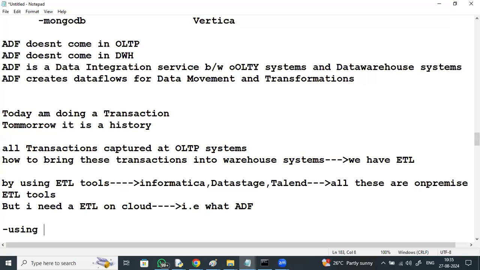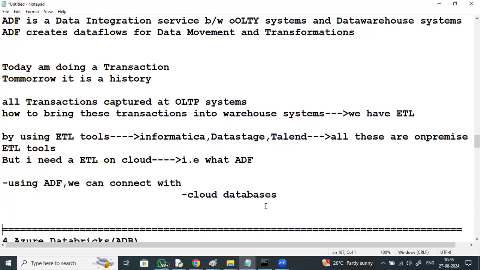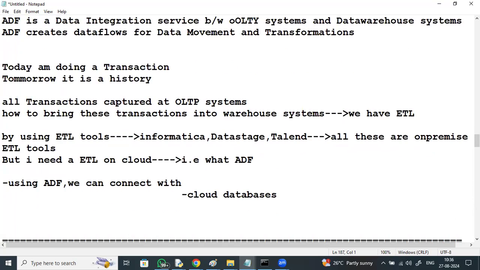Using ADF, we can connect with cloud databases. We have many cloud databases in Azure, like Azure SQL, Azure Synapse.